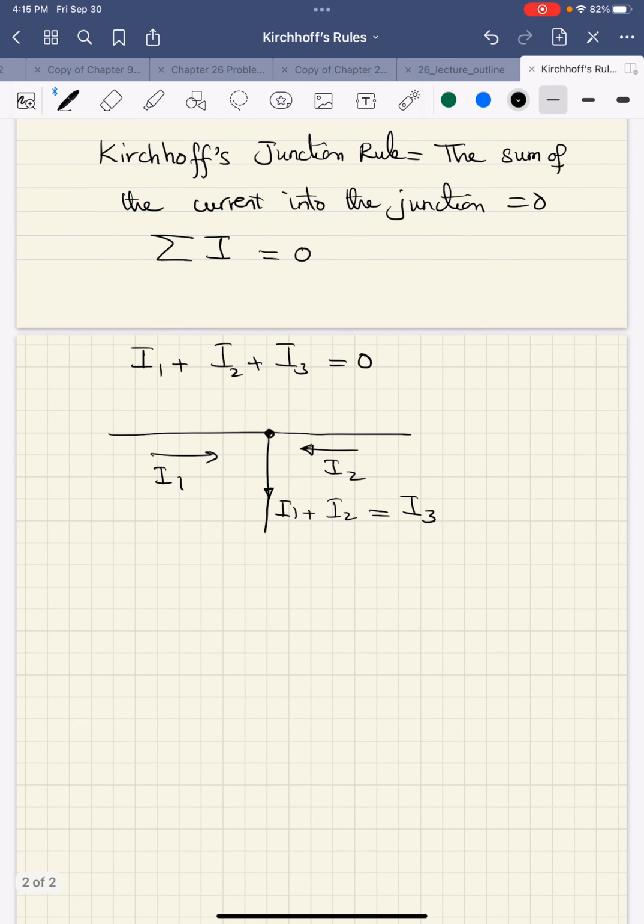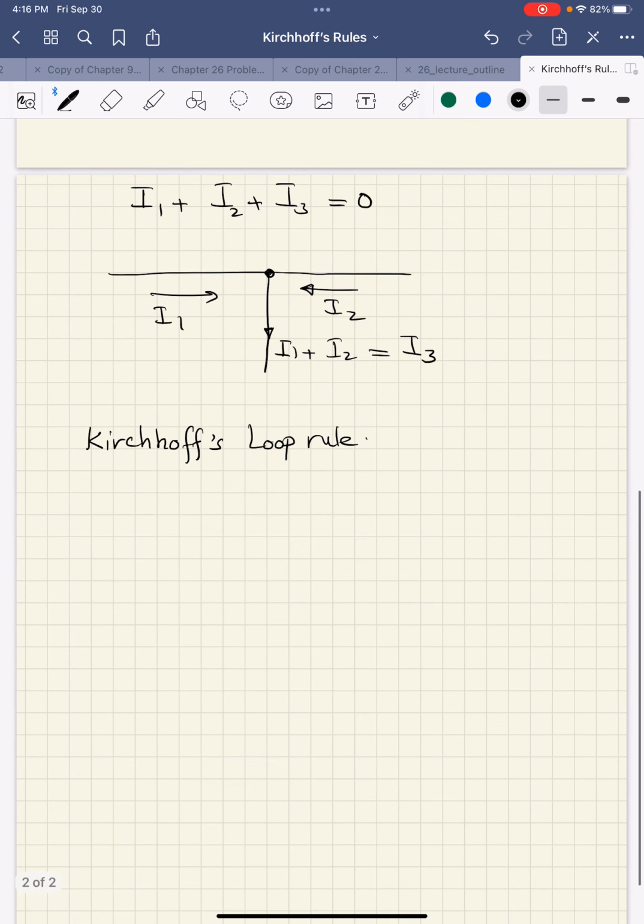Now, also we have Kirchhoff's loop rule, which concerns a closed path. Remember I said the changes in the voltage or the potential difference should equal 0.